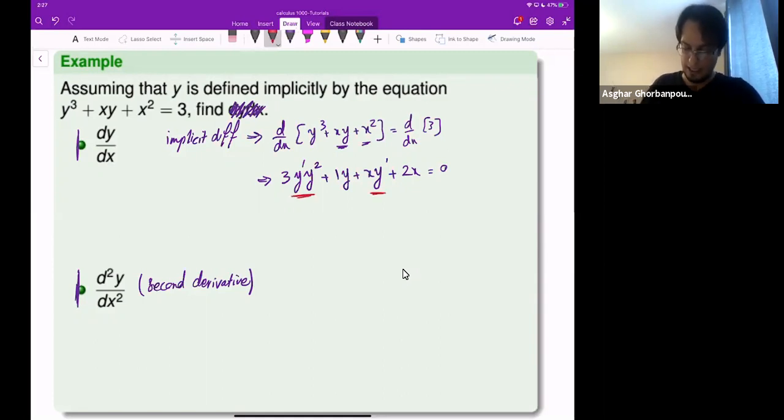Now, I have two terms with y prime. I put them together: 3y prime y squared plus xy prime. And put everything else on the right-hand side: minus y minus 2x. And then from here, now I can factor out y prime.